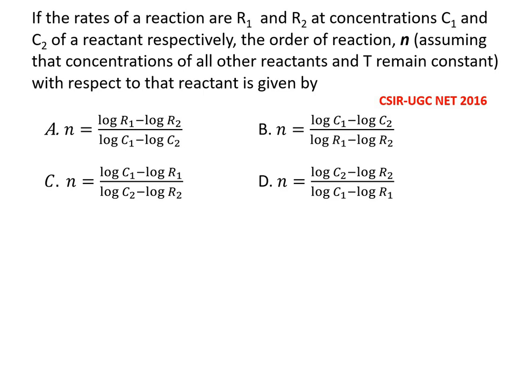So again you can start from the same formula, that R is proportional to concentration to the power n, proportional to a constant there. But if you consider two reactions, then you can say R1 by R2 would be equal to C1 by C2 whole to the power n.